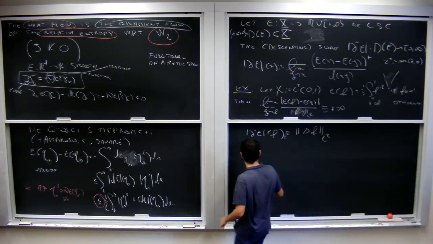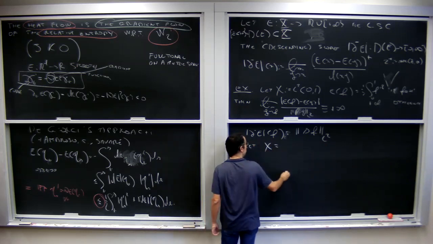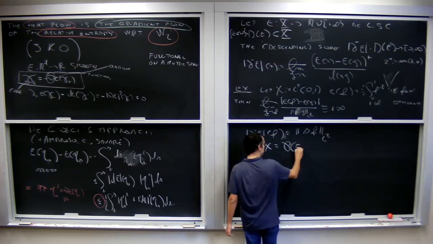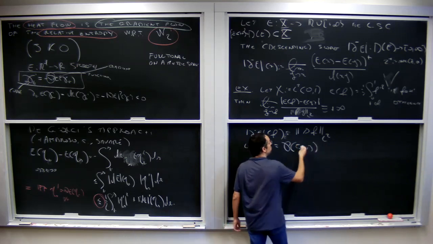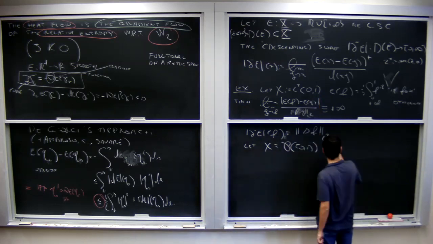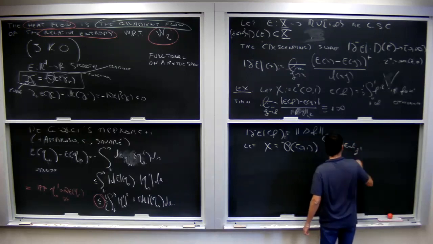Similar exercise. Let X be, say, the space of probability measures on (0,1) if you wish. (0,1) of course does not play any role here. You can pick R^d and that works the same. And D the relative entropy with respect to the Lebesgue measure.